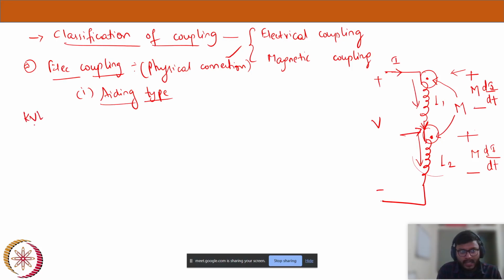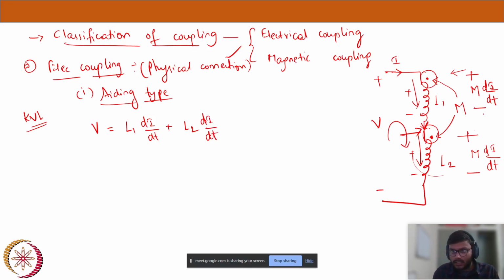Now if you write the simple KVL equation, this is the loop. V is equal to, the inductance polarities will always be the same based on the current flowing, plus minus, plus minus. Let's first write the self-inductance terms: L1 di by dt plus L2 di by dt.